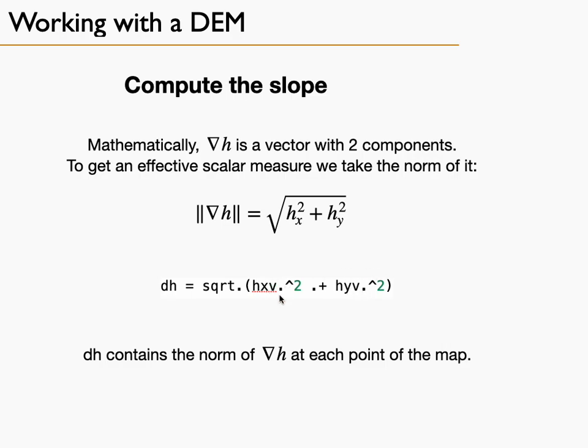So these are, of course, arrays of similar sizes. These are the interpolated slope components. So then dh will also have the same size as hxv and hyv, and it will contain the norm of the gradient of h at each point of the map.